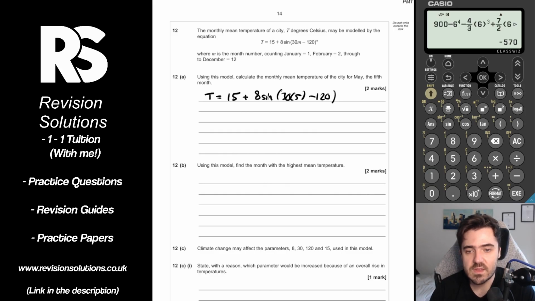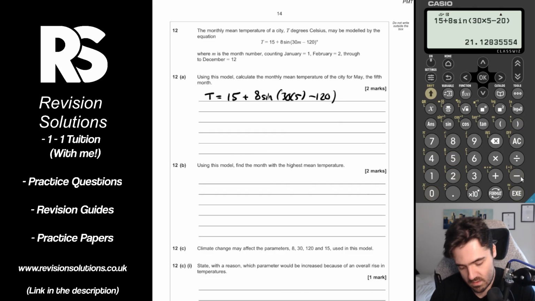Plugging that in our calculator, that's 15 plus 8 sine(30 times 5 minus 120), which is 21.1 degrees. It hasn't asked for a specific rounding, so I'll use three significant figures, so 21.1 degrees.